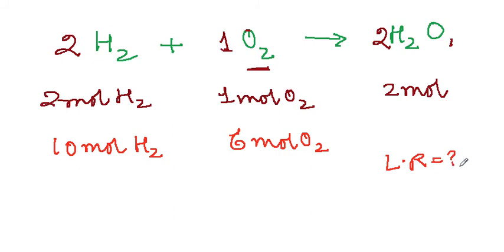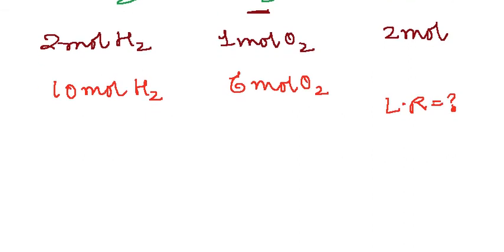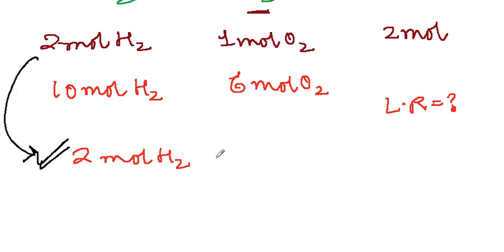In order to identify the limiting reagent, we are going to compare the reactants. How are we going to compare them? The first statement should be the one that we already know: 2 mole of hydrogen reacts with 1 mole of oxygen.